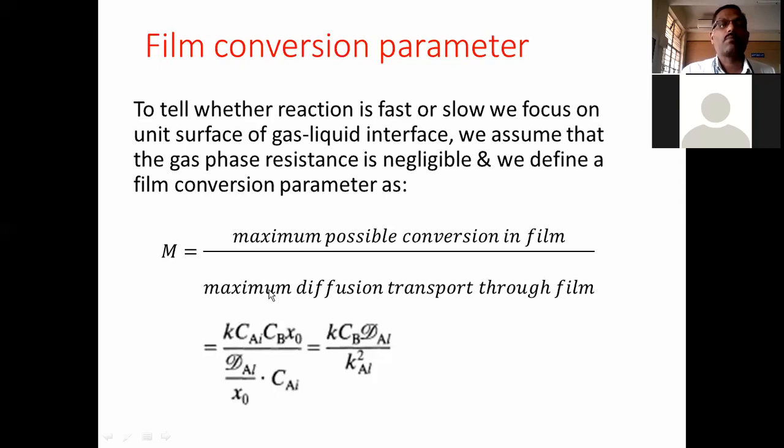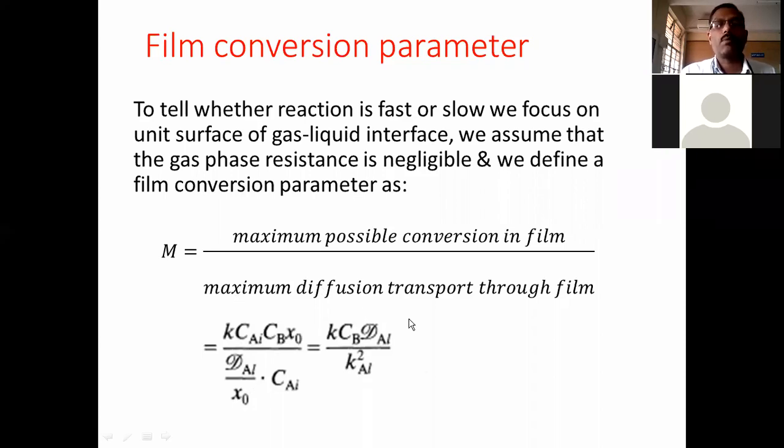This is called the maximum possible conversion in the film, and it is given by the rate of reaction, where k is the rate constant, k into concentration, that is k into Ci into Cb. So that is Cb multiplied by X0. Why is it X0? Because this is a ratio and having the same unit, the unit will be per surface.